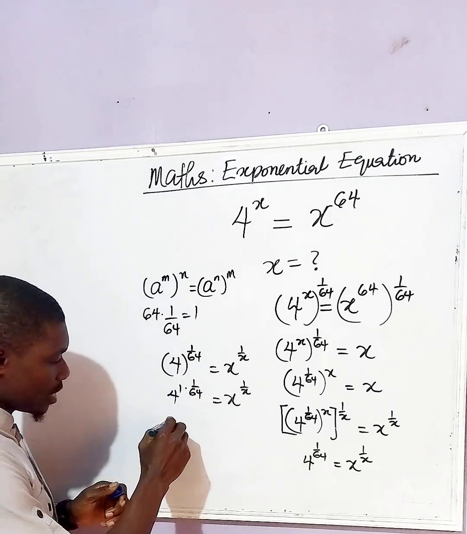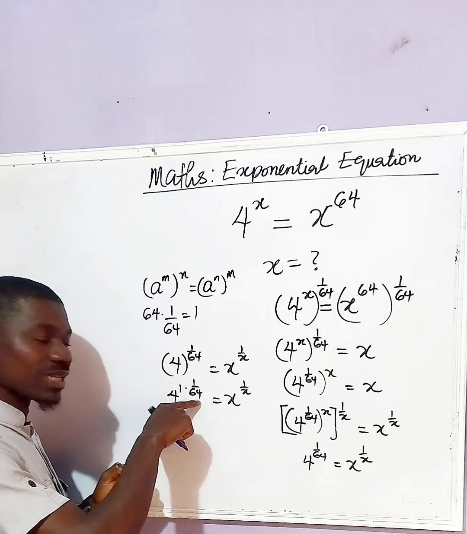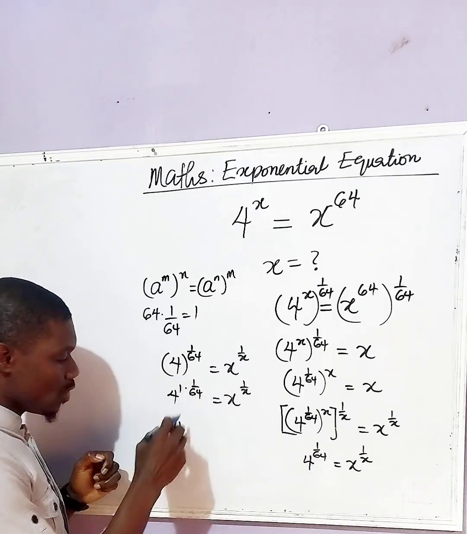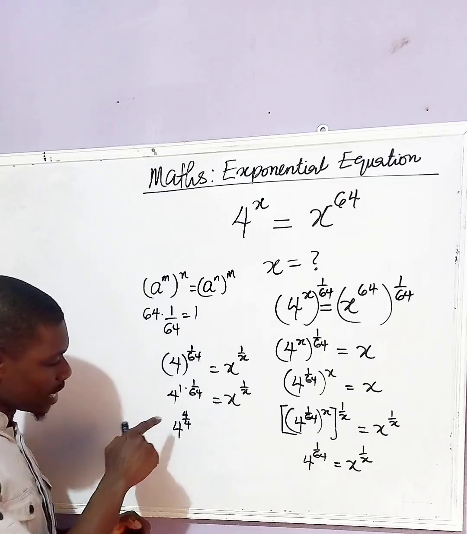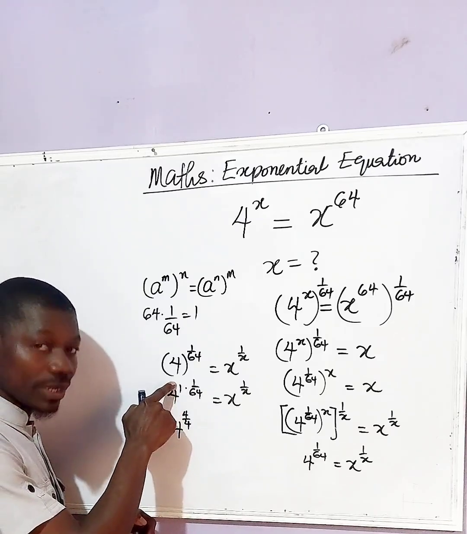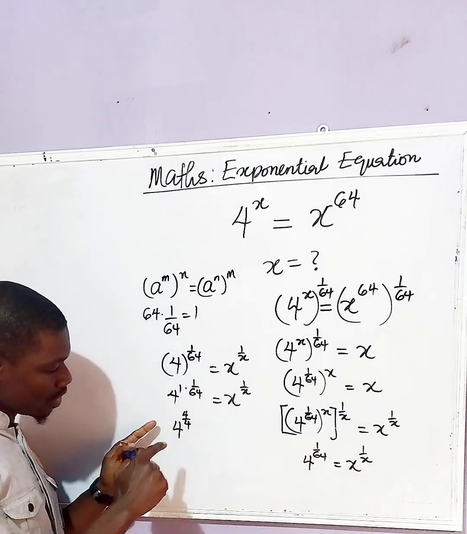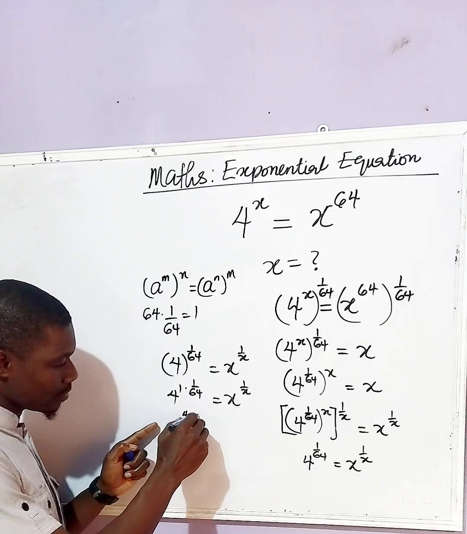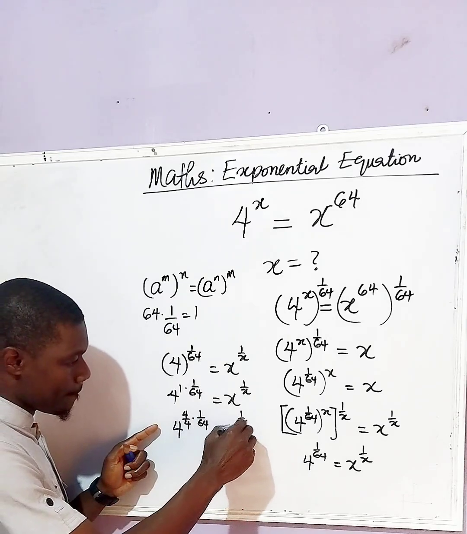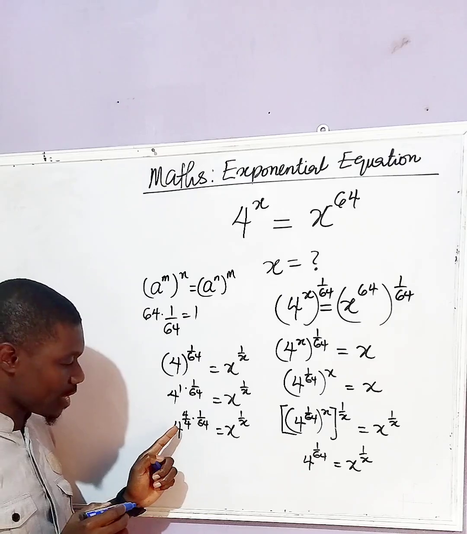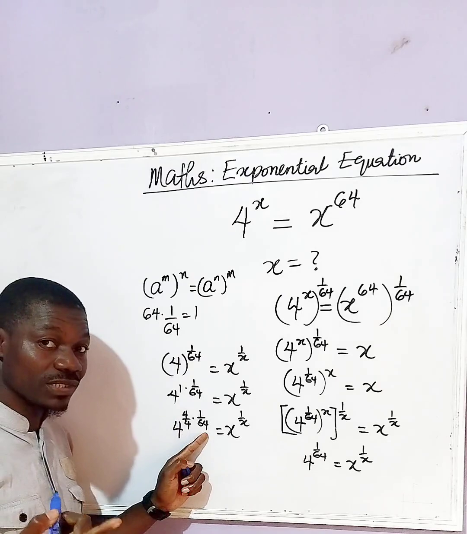For us to achieve the same base and the reciprocal of this base, we have 4 all over 4. Now 4 all over 4 will actually give us 1. And the reason I applied 4 is because when we multiply 4 times 64, we have 256.